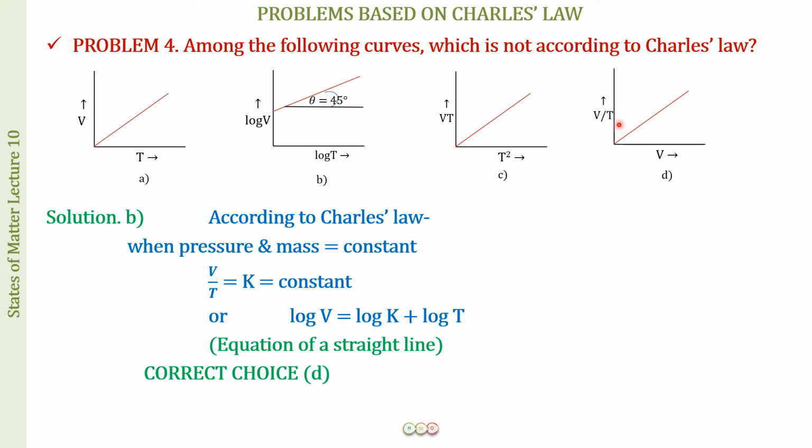Fine, I hope this is clear. So rather than this being this way, it would have been a straight line parallel to the horizontal axis. So it would have been a graph like this rather than a graph like this. So according to this question, the G choice is going to be wrong.